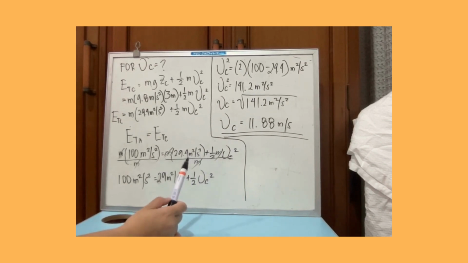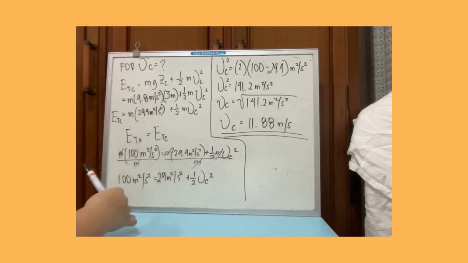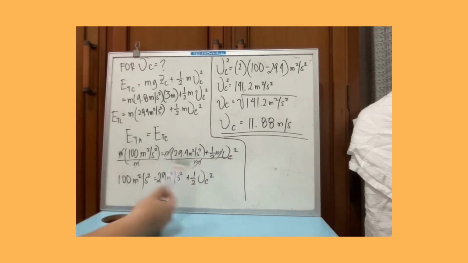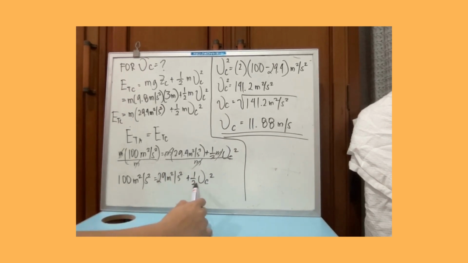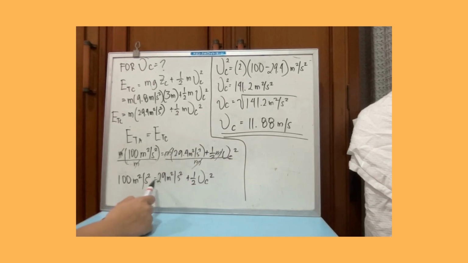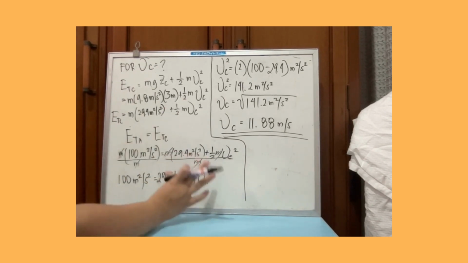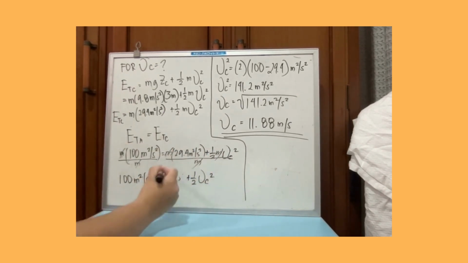Ngayon, need natin hanapin si speed sub C. Itatranspose natin pabalik si 100 meters squared per second squared, or para mas madali, ang iiwan lang sa kanan is speed sub C. Para lang maiwan sa kanan to, magiging negative ang 29.4 meter squared per second squared.